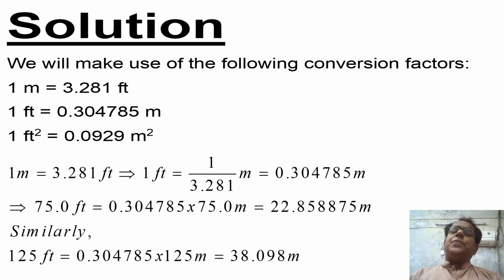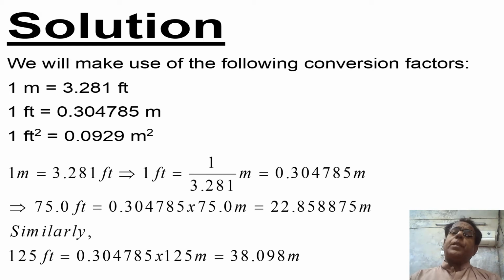When we are given the first conversion factor, that is 1 meter is equal to 3.281 feet, then 1 foot will be equal to 1 divided by 3.281, which will be equal to 0.304785 meter. So dear students, we have derived the second conversion factor from the value given in the first conversion factor.